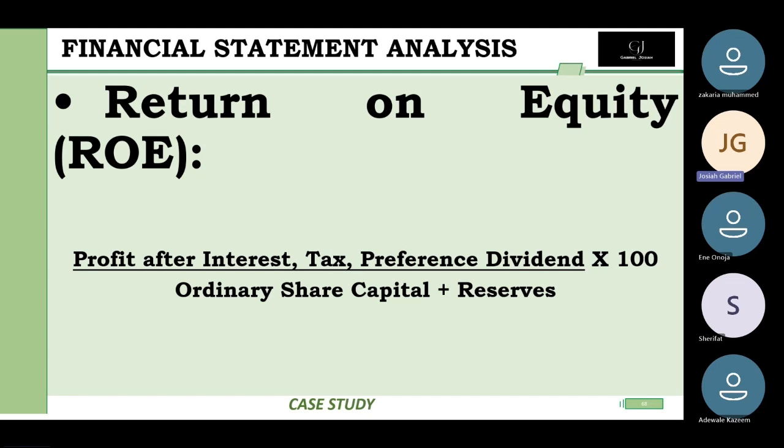And that is why you see the denominator does not have non-current liabilities or debt. So you have just internal funding or capital, which is retained earnings or reserves plus ordinary share capital. And the profit after tax is, after you've deducted expenses, what return do equity holders have? What do they have as a return to them for their investment? So that's return on equity.